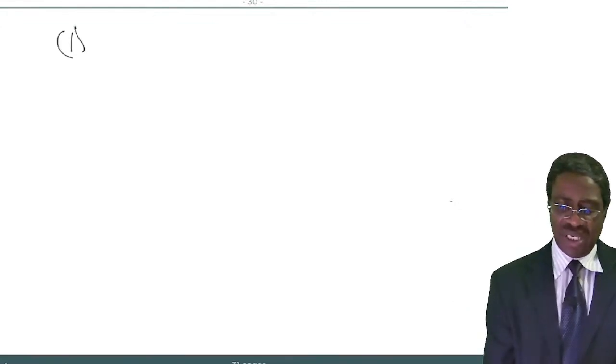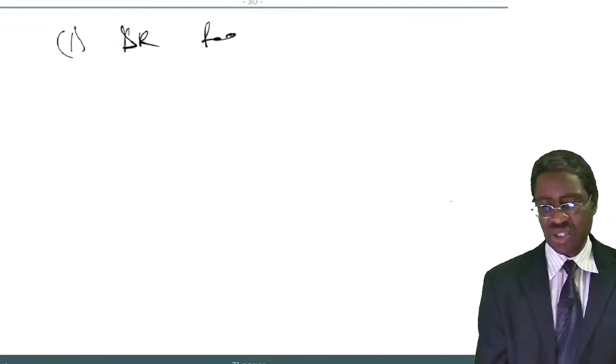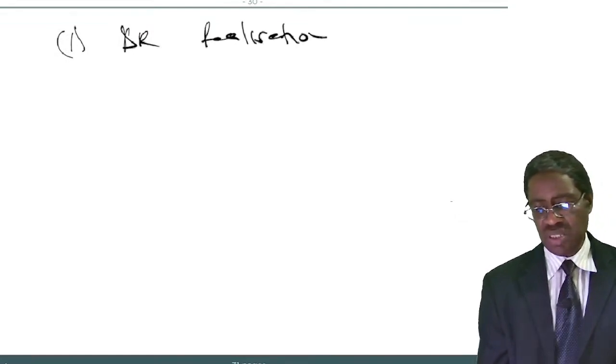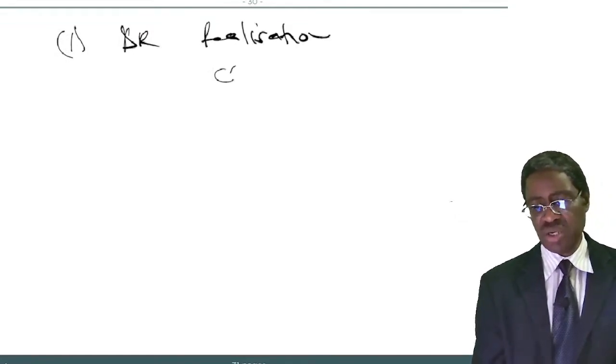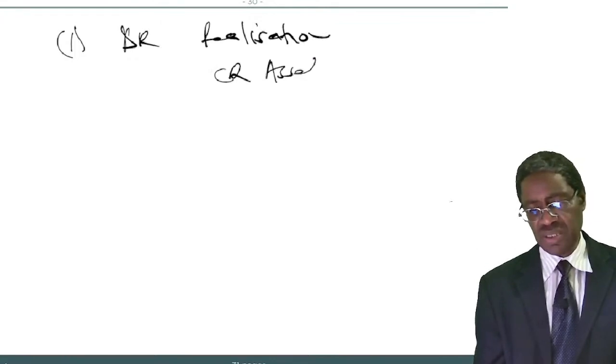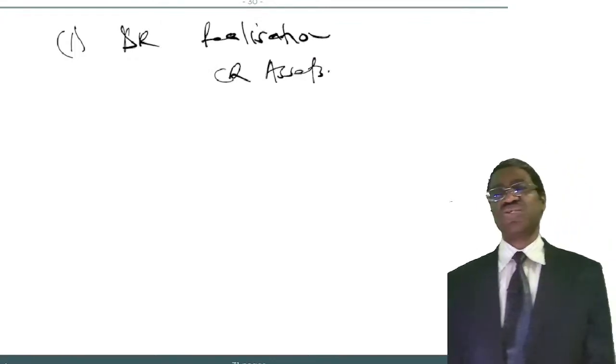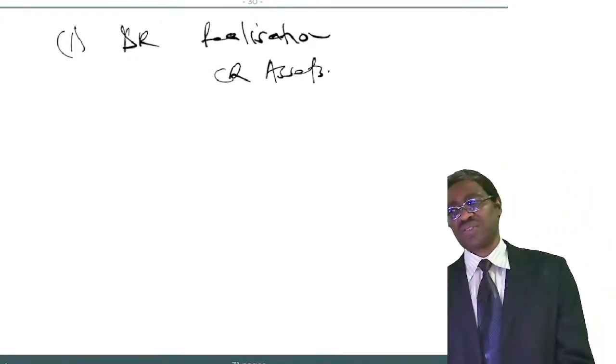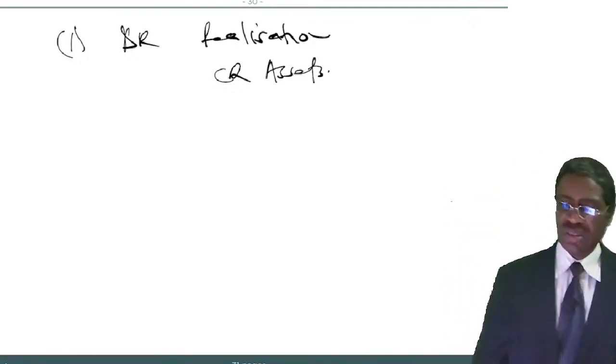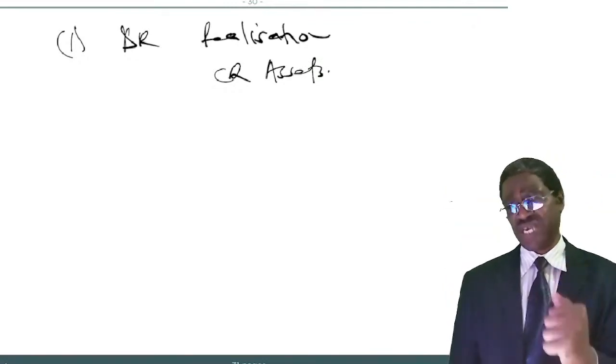Below that, we got debit realization, credit assets. That's number 1, closing all assets taken over.